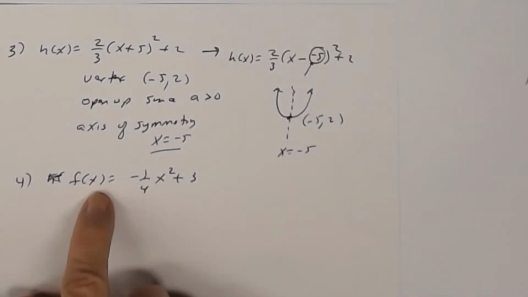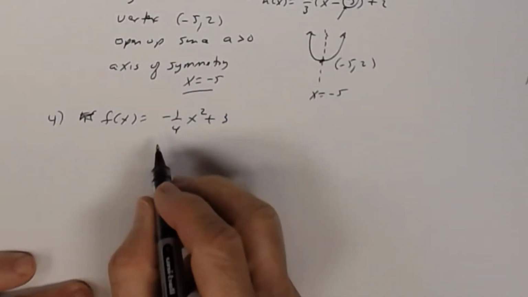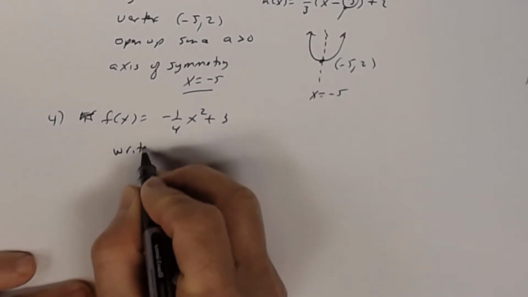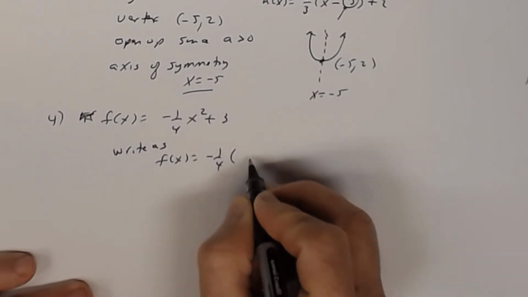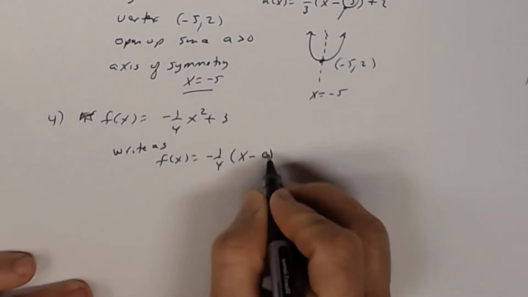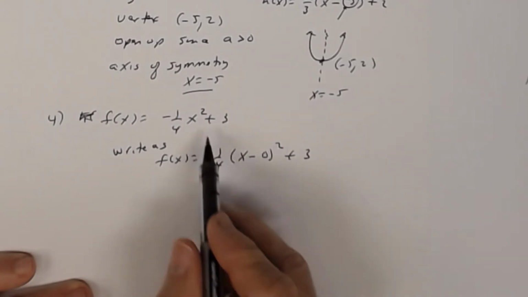But here, they just see x squared. Well, remember, you can write this as f of x equal negative 1/4 in parentheses x minus 0 squared plus 3. X minus 0 is x, and x squared is x squared.